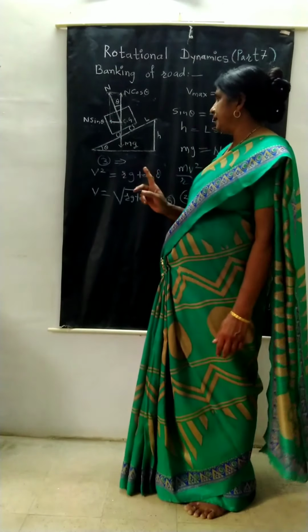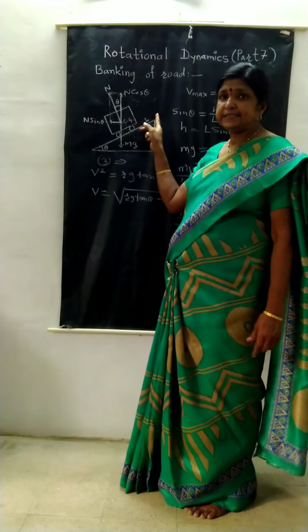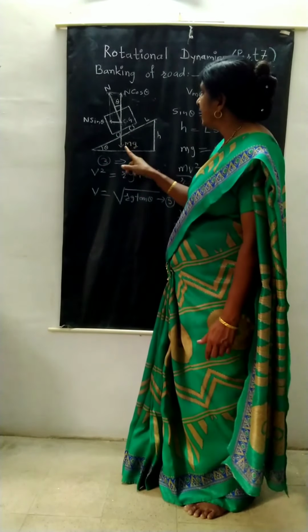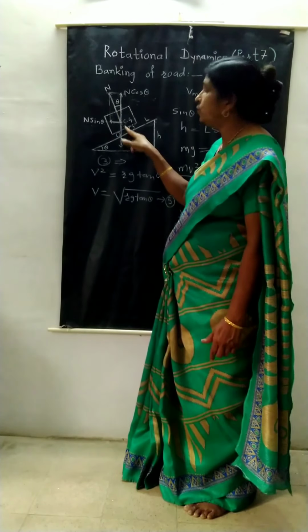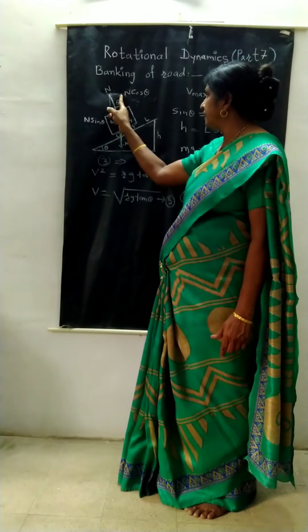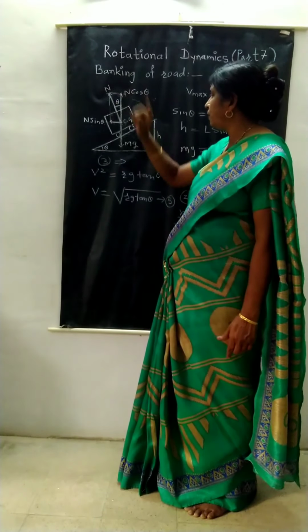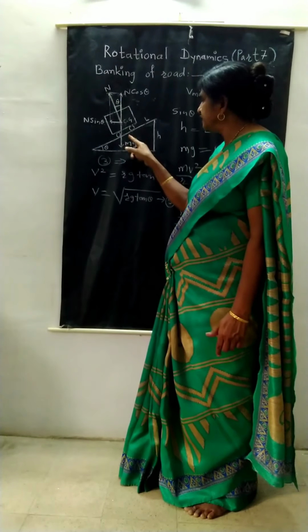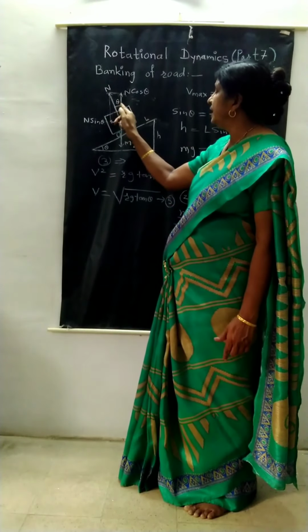We know the property that the angle between two surfaces is the same as the angle between perpendiculars drawn to these two surfaces. This is horizontal, this is perpendicular to horizontal surface, this is road surface for banked road, and this N is perpendicular to the road surface. Hence, this angle is theta.